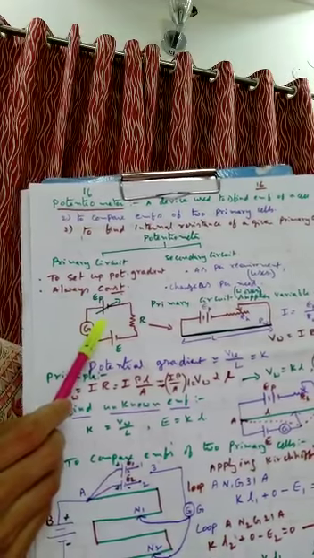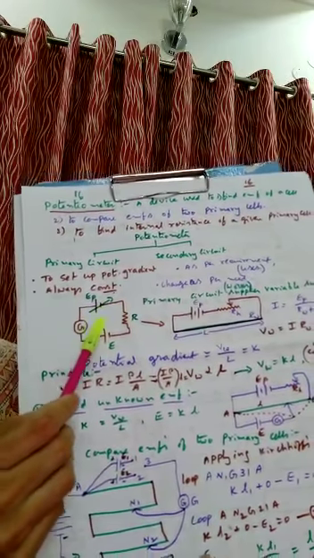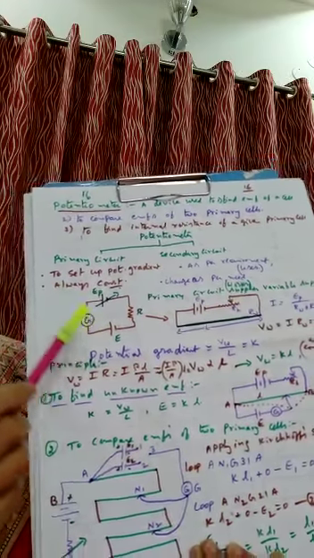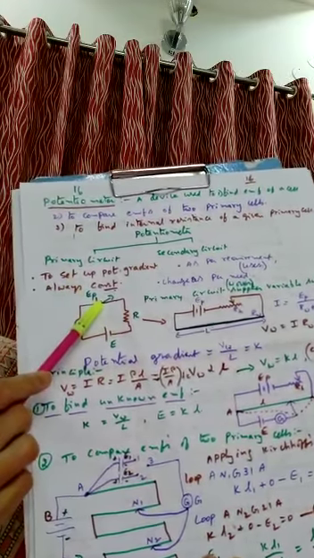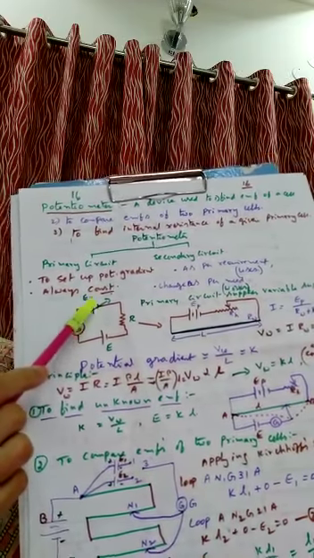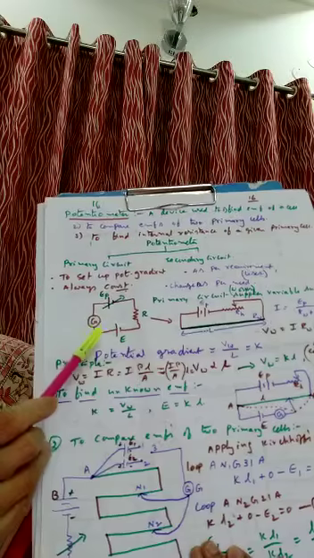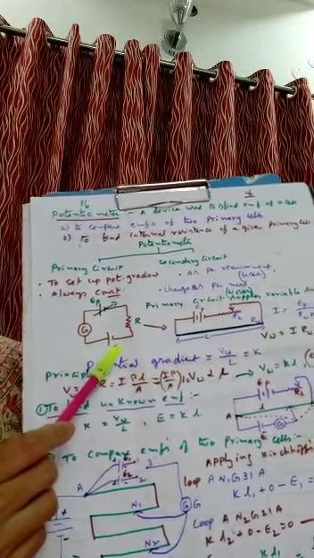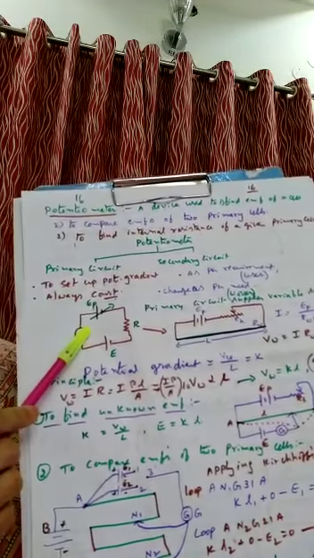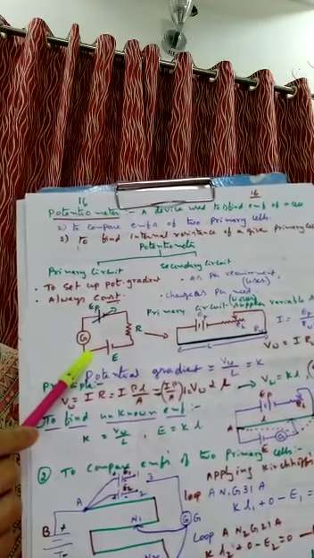Got it? You increase the EMF of the battery, then the current in the galvanometer also increases. But at a particular value of the EMF of this battery, the galvanometer shows zero deflection.